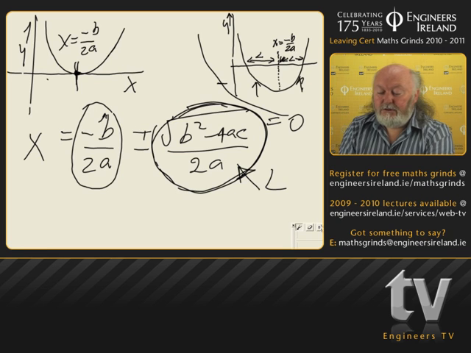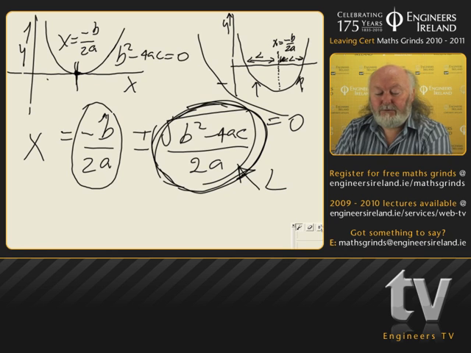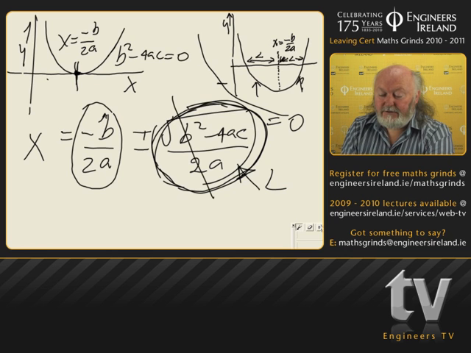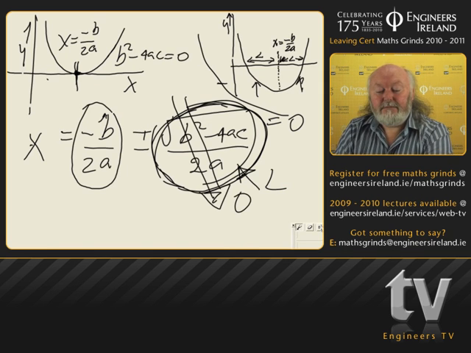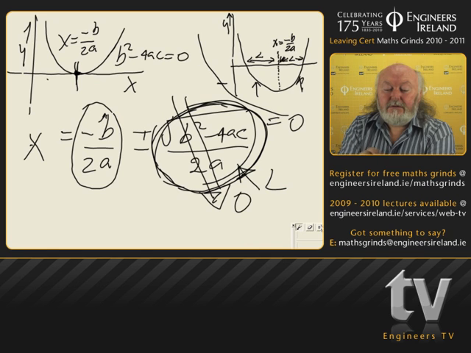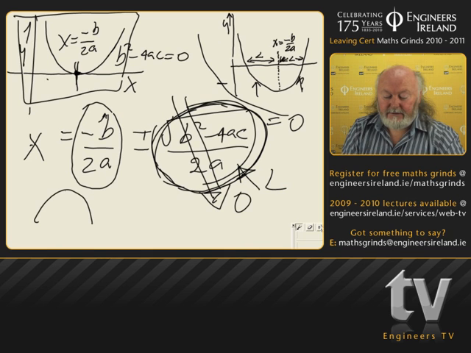That one point is a situation when all of this goes to 0, and that happens obviously when the b squared minus 4ac equals nothing. What we're saying then is all of this goes to nothing, and our two roots are x equals minus b over 2a. They look like this, or the negative equivalent of it, which is like that.